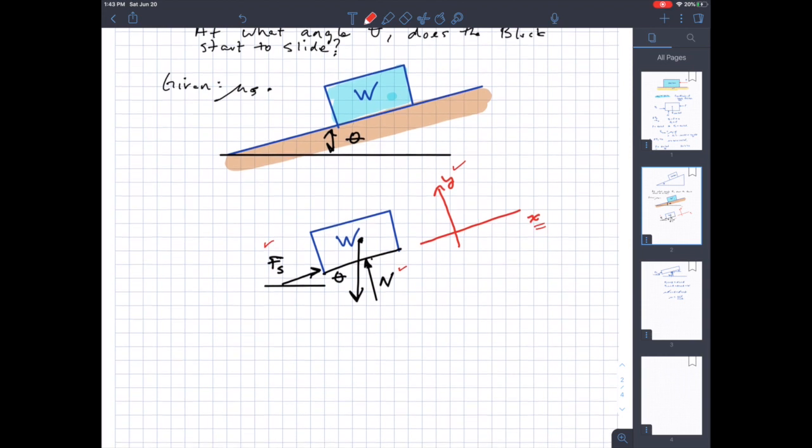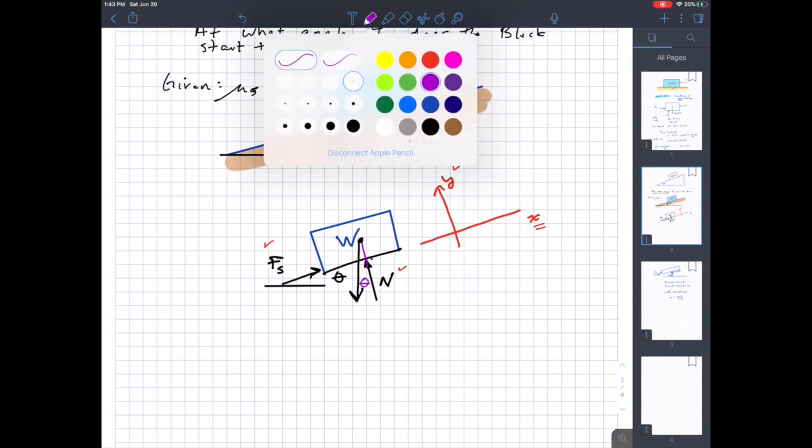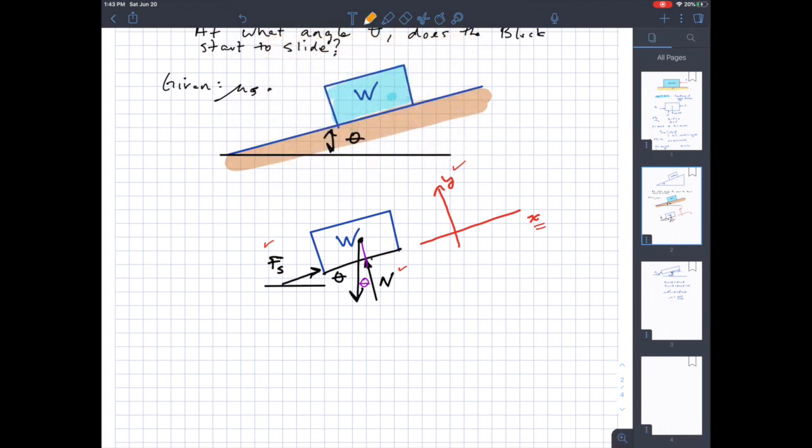Okay, so here's the trick. I'm going to change this to purple. It's really a lot easier to solve if you know this angle is theta. Think about that on your own and try to figure out why that is the case. For me, the way to see it, I'm going to draw this in a different color. If I draw a line in the x direction with this coordinate system, and then I draw something horizontal, I know that this angle is theta.